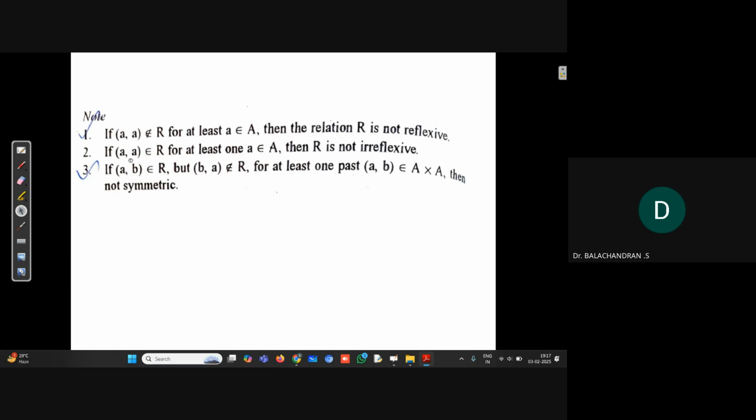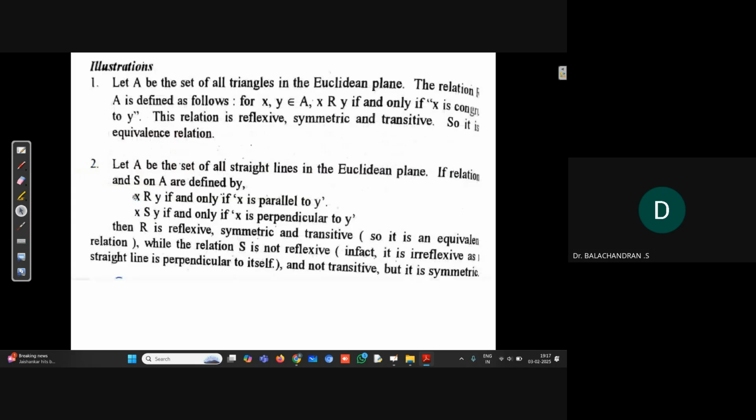Similarly, if (a, a) belongs to R for at least one a belonging to capital A, then R is not irreflexive. Now the last one, for not symmetric: if (a, b) is in R but (b, a) is not in R for at least one pair (a, b), then the relation is not symmetric. I think I explained this problem last class itself.